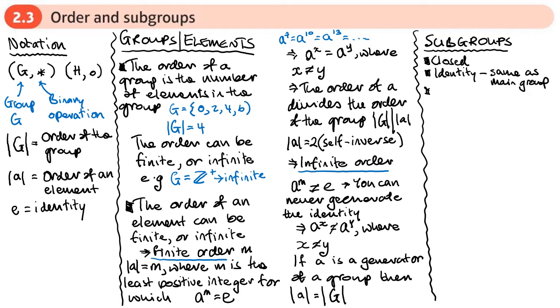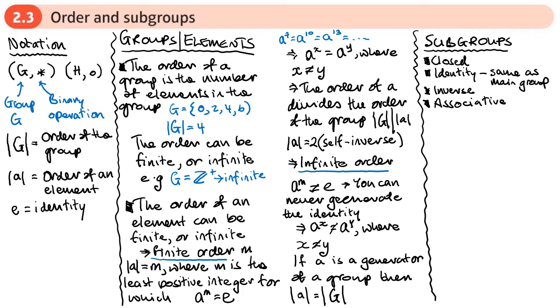They'll have an inverse, or every element will have an inverse, and they'll be associative. As I said, these are like mini groups within a group, and quite often we'll use the letter H to represent a subgroup, and G to represent the main group.